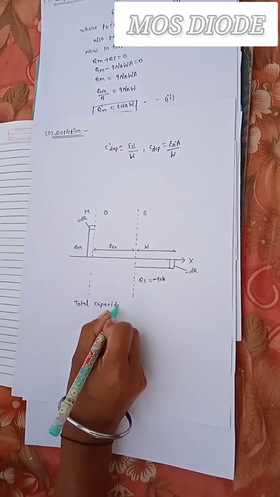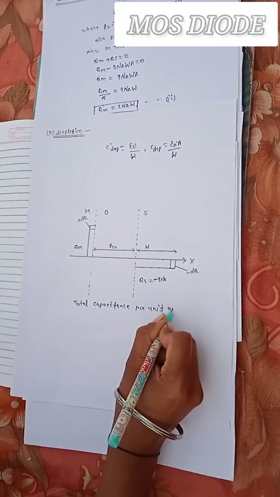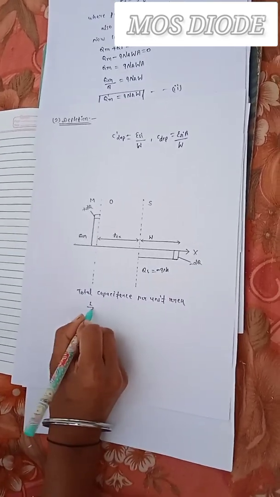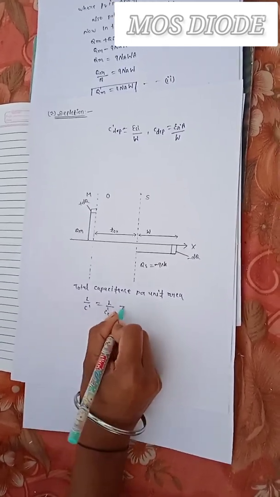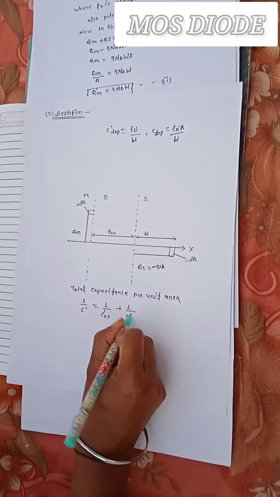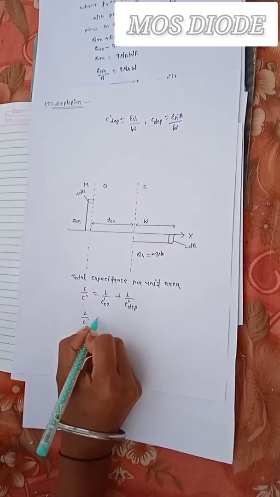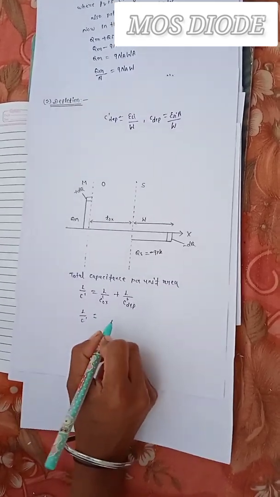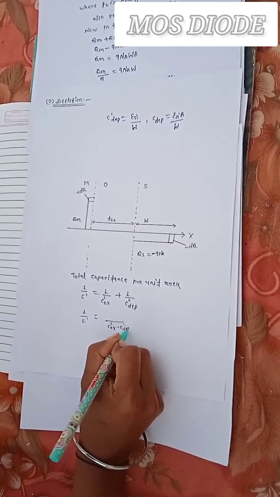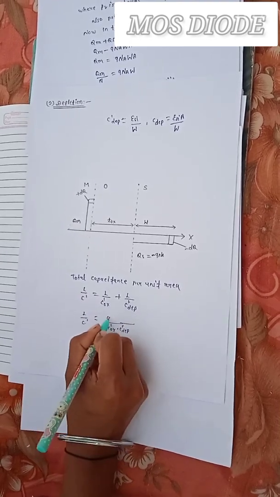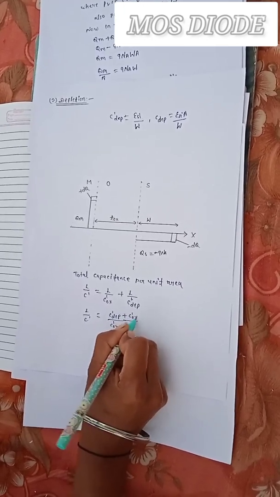And the total capacitance per unit area is 1 upon C dash equals 1 upon C ox prime plus 1 upon C dep prime. So 1 upon C dash equals the LCM of this, C ox prime into C dep prime, so C dep prime plus C ox prime.